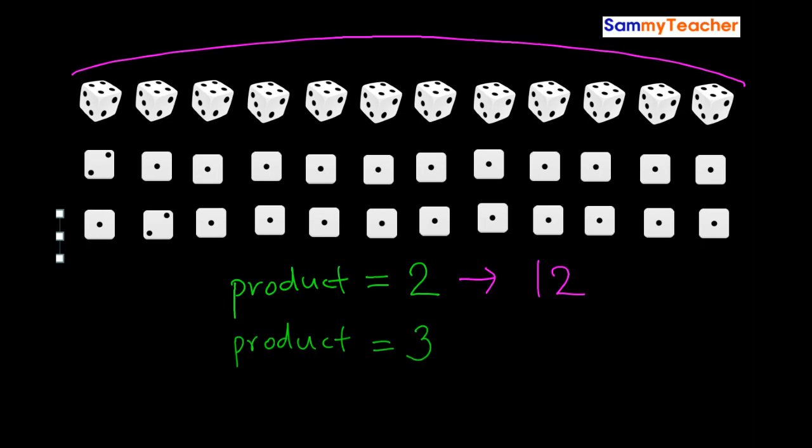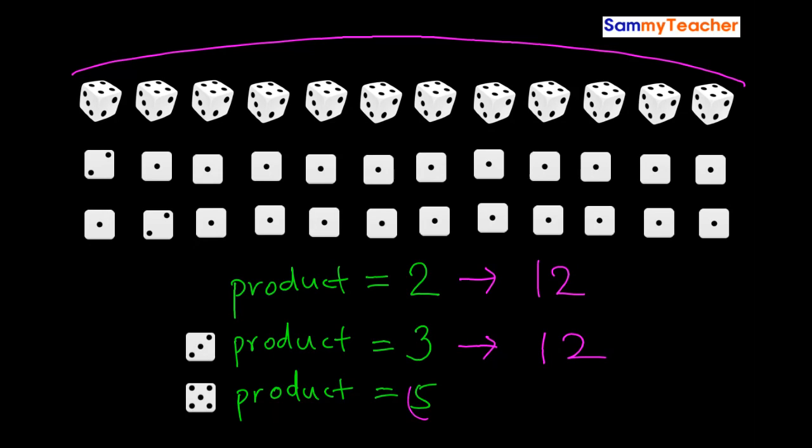And a similar thing happens when one of the 12 dice is 3 and all the others are 1s. And same thing, there will be 12 different ways to make the product of 3. Or the product can be 5, which is also a prime number. And that also gives you 12 more outcomes. And it turns out 2, 3, 5 are the only prime numbers we can get as the product.